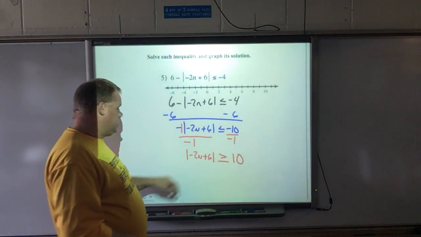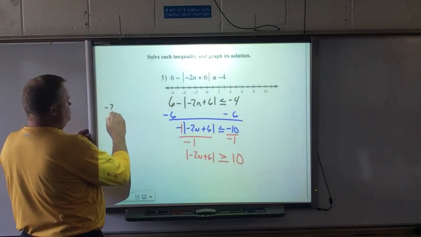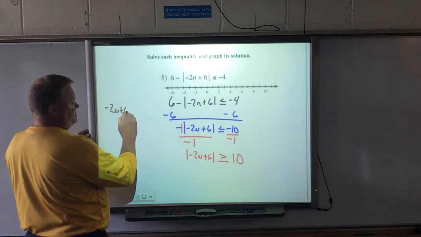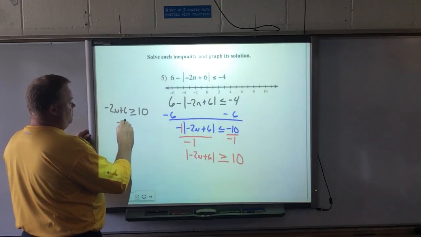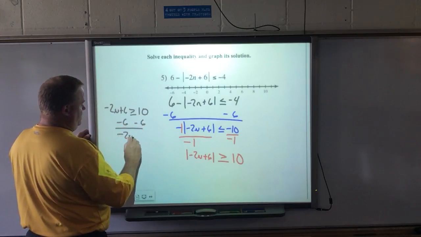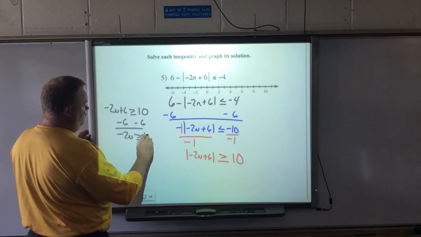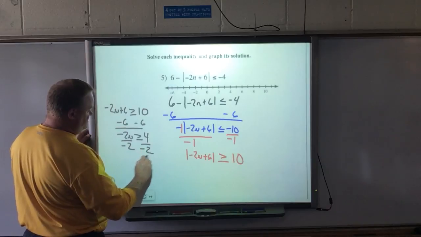All right? So let's do this. I'm going to do them on either side. I have negative 2n plus 6 greater than or equal to 10. Subtract 6 from both sides. That's a negative 2n greater than or equal to 4. Divide by negative 2, divide by negative 2.